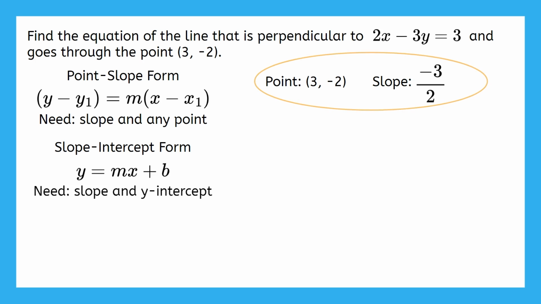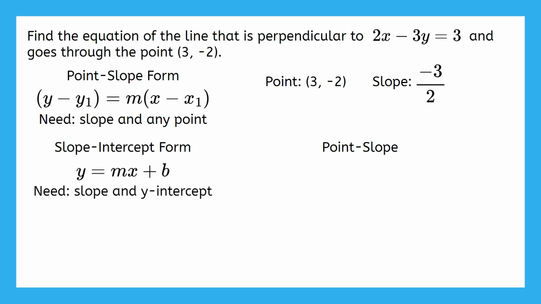Let's look back up here. We have the point 3, -2 and a slope of -3/2. Which form do you think will make it easier for us to write this equation? Point-slope form or slope-intercept form? Yeah, point-slope form. Our point is not the y-intercept because it's not on the y-axis.